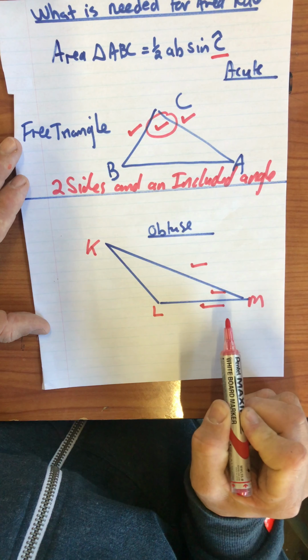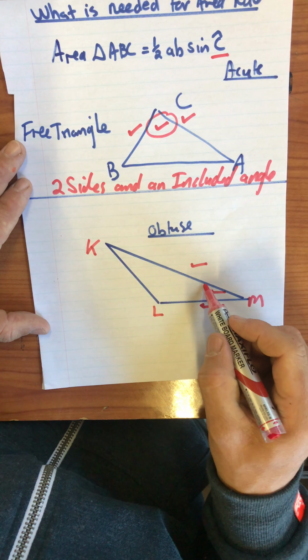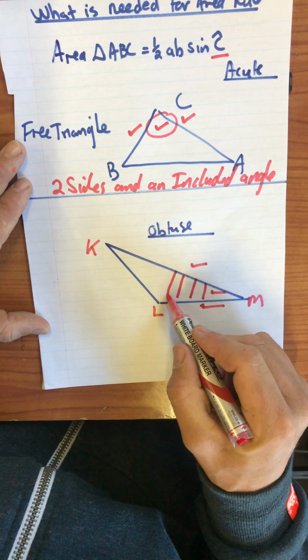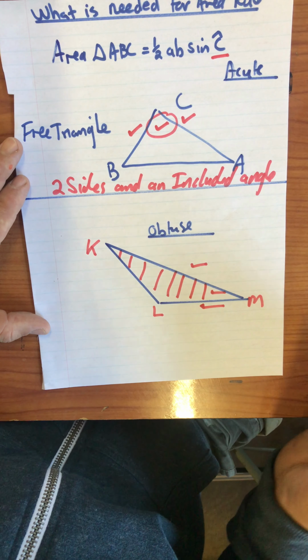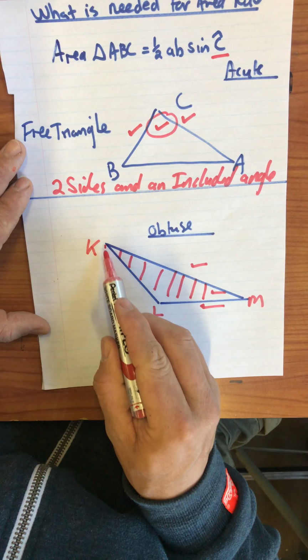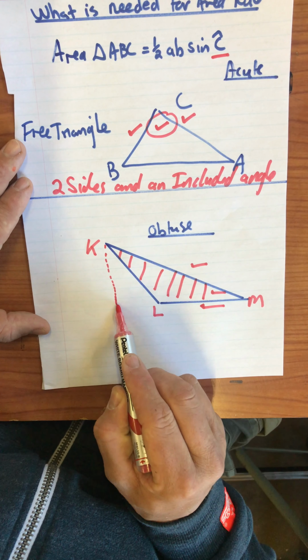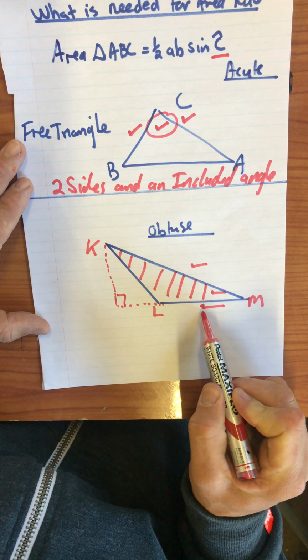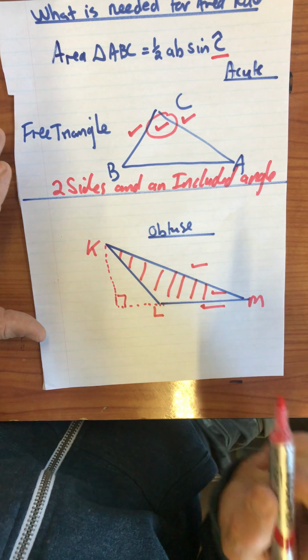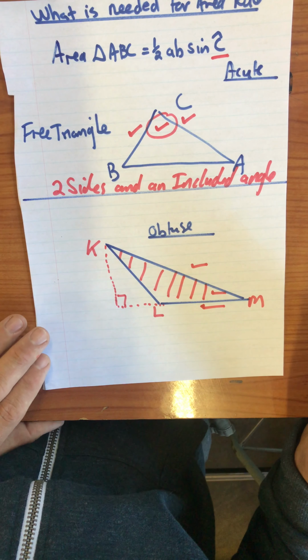So what can we do? We can use the area rule to work out the area of triangle KLM. It is no longer like in grade 10 where we needed our perpendicular height. As long as we have two sides and an included angle, we can now use the area rule.